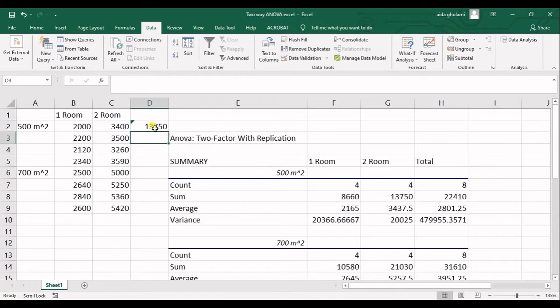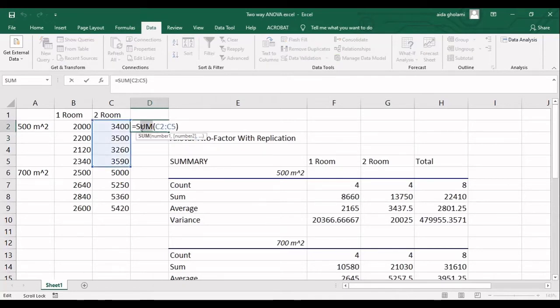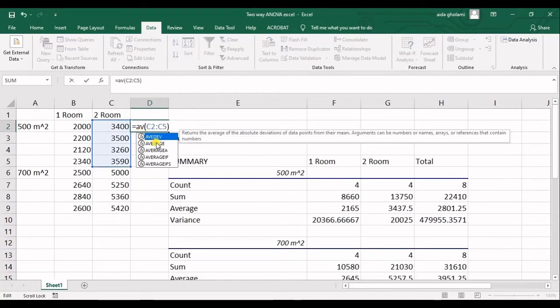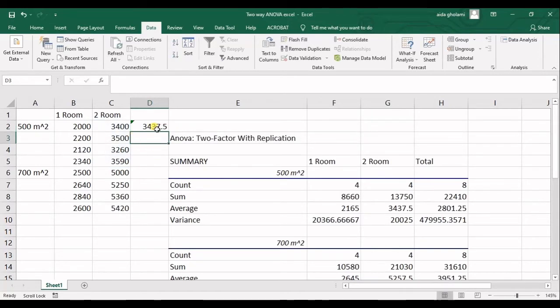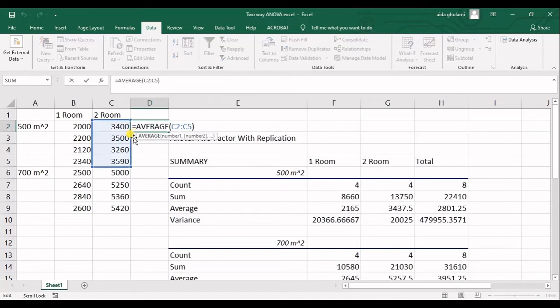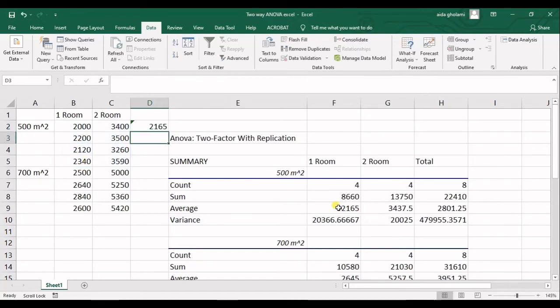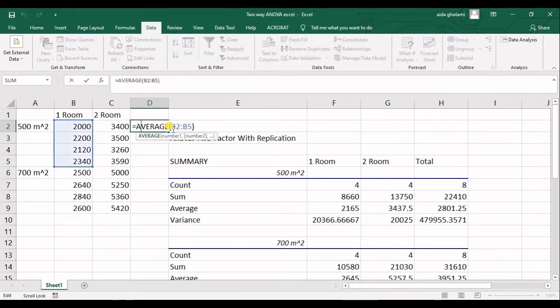Then you have the average. So that's again the normal average. So you have this number for 1 room and 500. Okay, then you get to variance. So this is again the normal variance of sample.